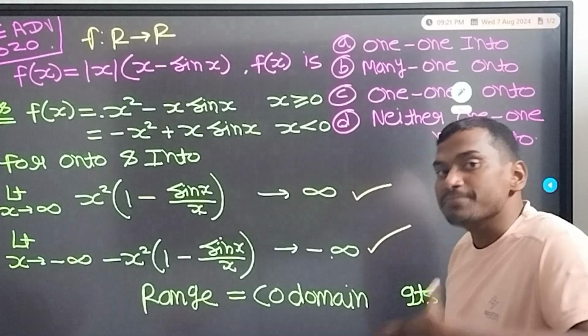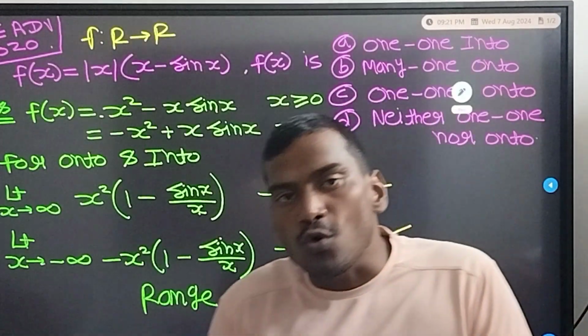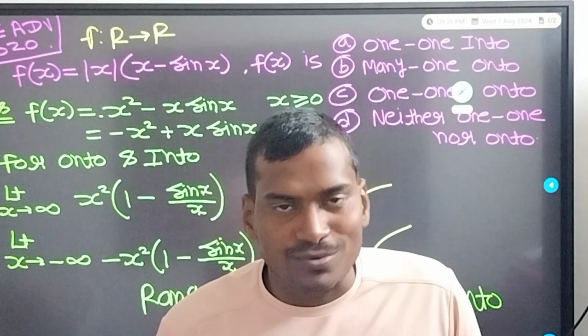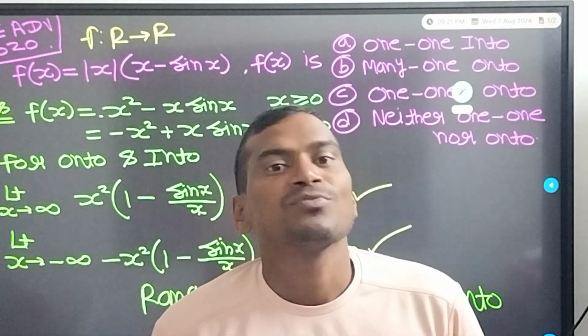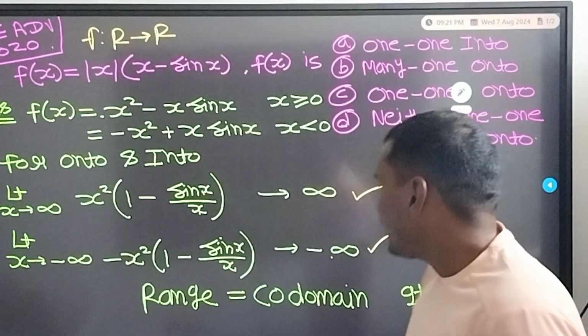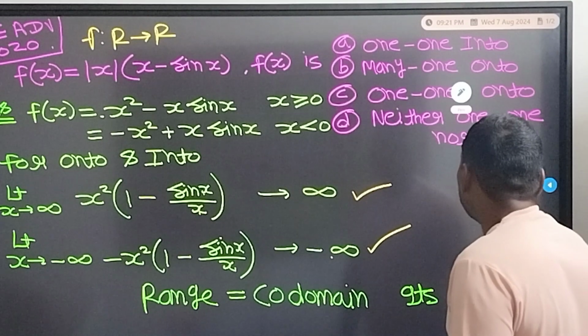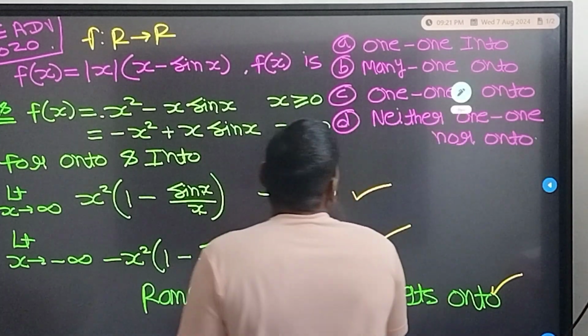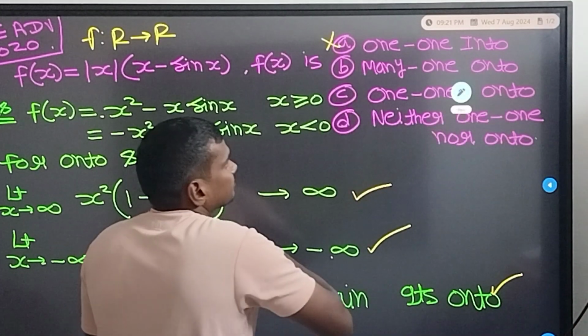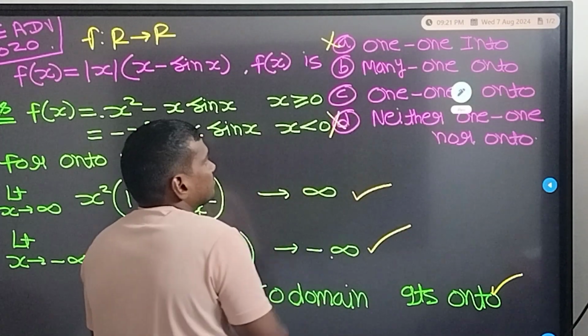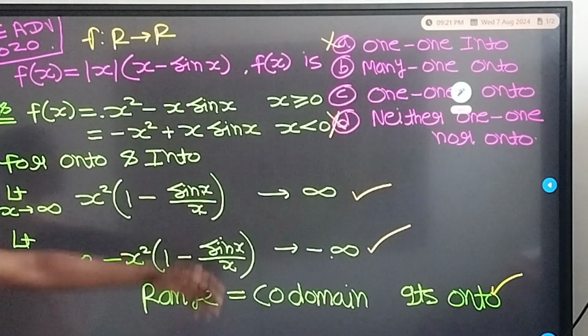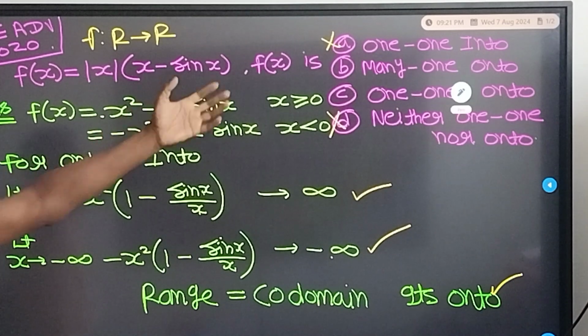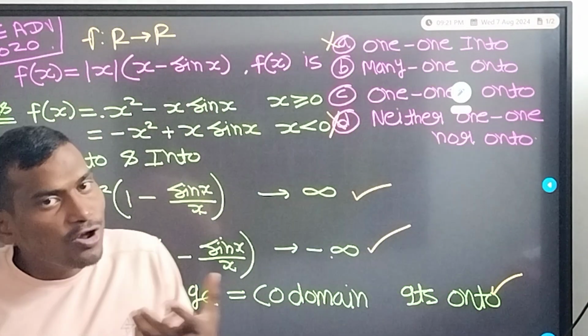So range is matching with the codomain. Range equal to codomain, so it is onto function. So one type is clear, it is onto. That means this option is gone.